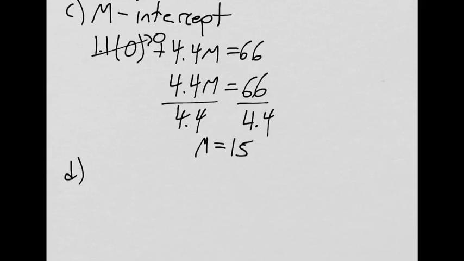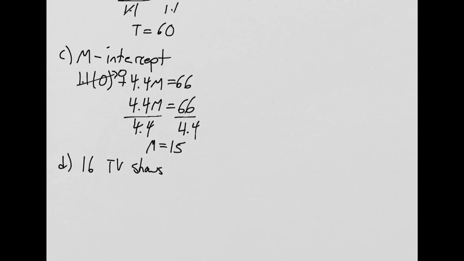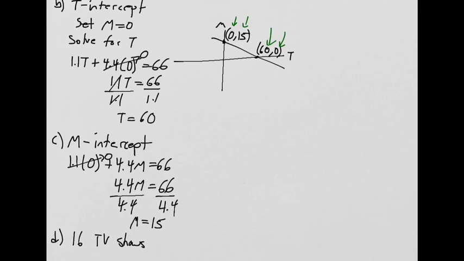Question D says that if Spencer had 16 TV shows on his hard drive, and his hard drive was full, the 66 gigabytes was all used up, how many movies would he have? Well, you can see that the maximum number of TV shows he can fit is 60, so there should still be space for movies.